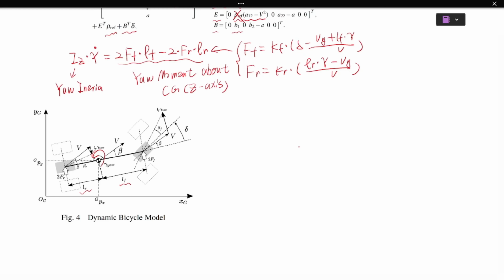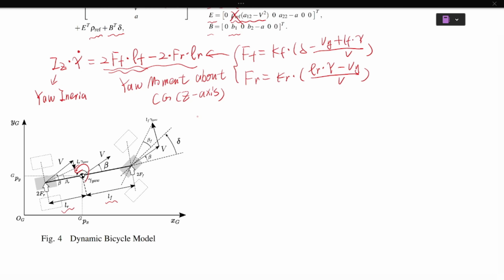We can get, so the equation goes to Iz times gamma dot equals 2 times Kf times Lf times delta minus Vy plus Lf times gamma over V, minus 2 Kr Lr times Lr gamma minus Vy over V.